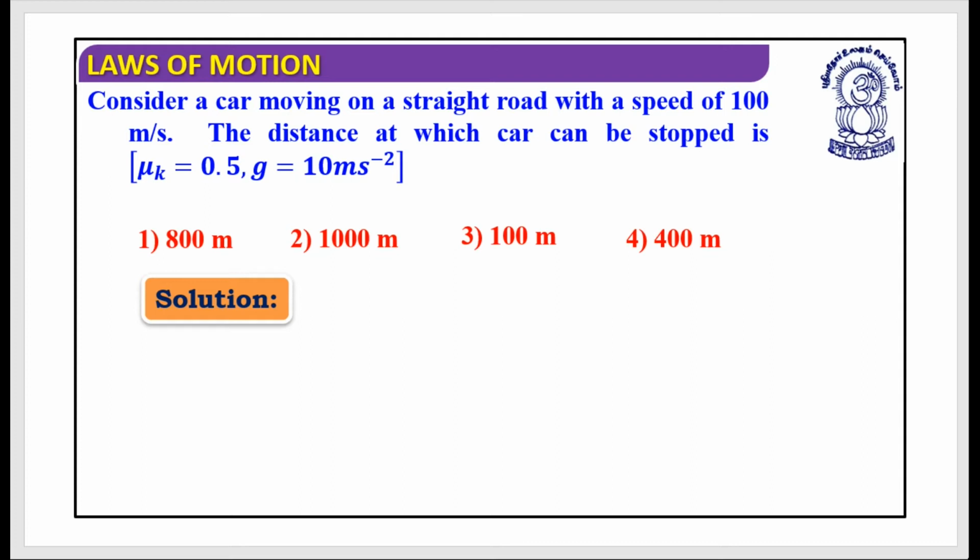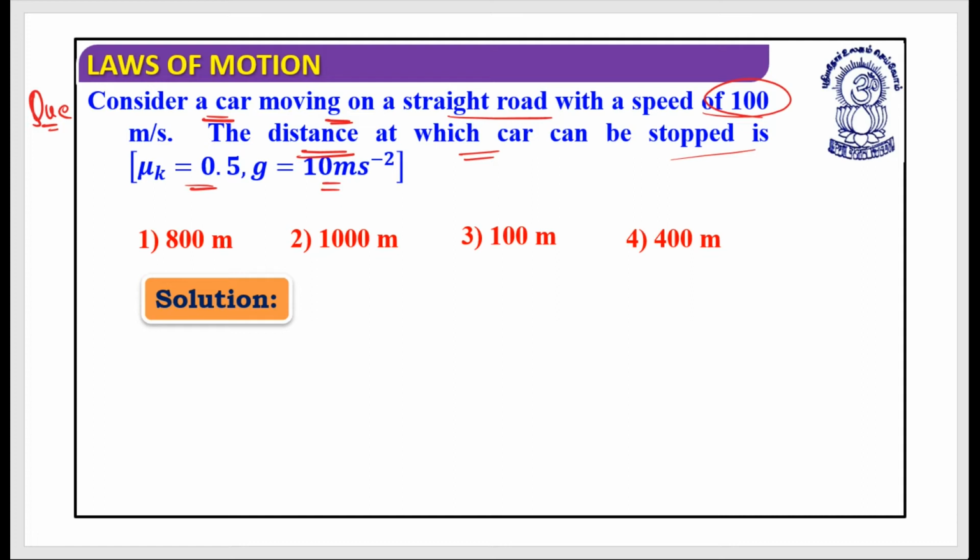It says consider a car moving on a straight road with a speed of 100 meters per second. We need the distance at which the car can be stopped. They have given mu k, the coefficient of kinetic friction, as well as g. So how can you do this?